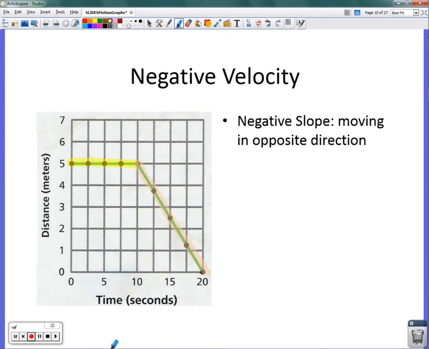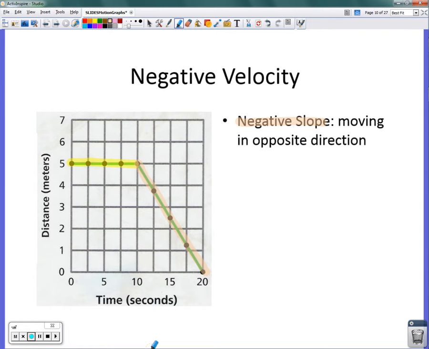However, it's different from the constant slopes that we've encountered previously in that it has a negative slope. Negative slope is okay. It's a downward sloping line. But in terms of using the slope of this graph to tell us about the motion, that's still okay. We can have a negative velocity. Remember that velocity is a vector quantity.